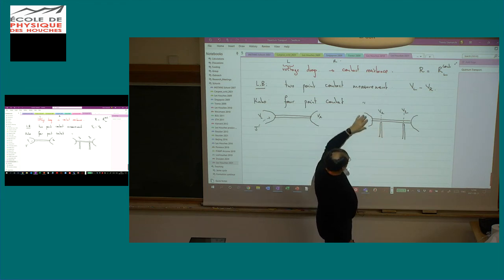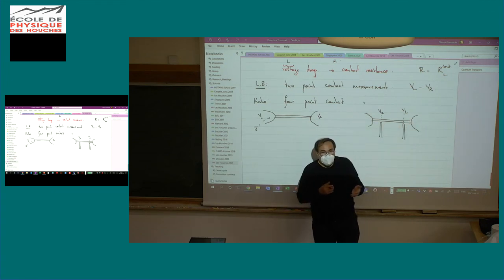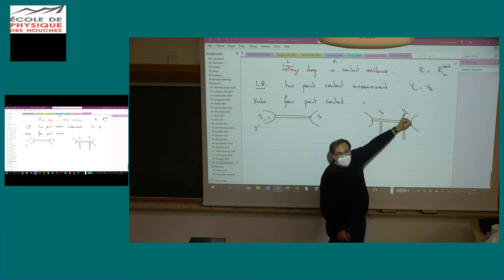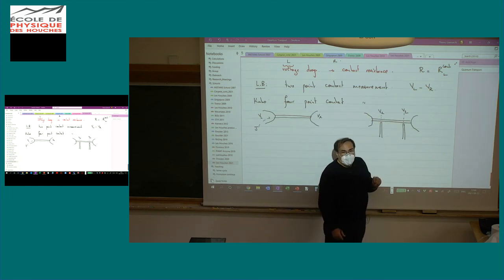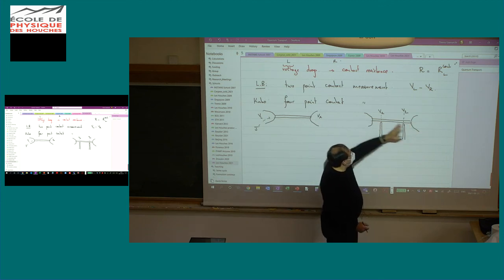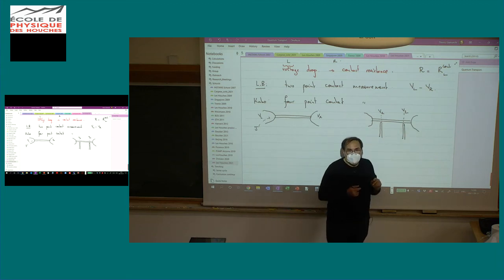In which case, you have a 4-point measurement where you use 2 of the points to measure the current which is passing through, and 2 of the points here to only measure the potential. And this is something that will give you direct information on what is the potential inside the system, which, as we saw, because of the contact resistance here, is not necessarily the same thing as the potential in the reservoirs.